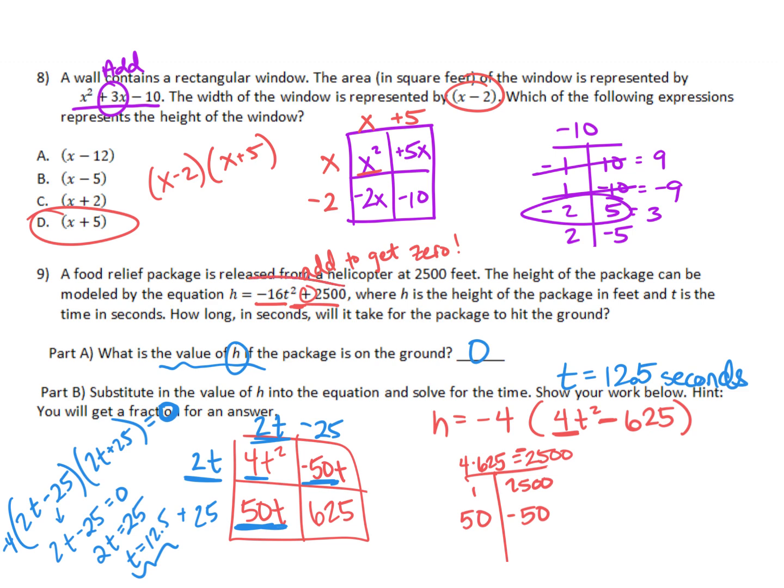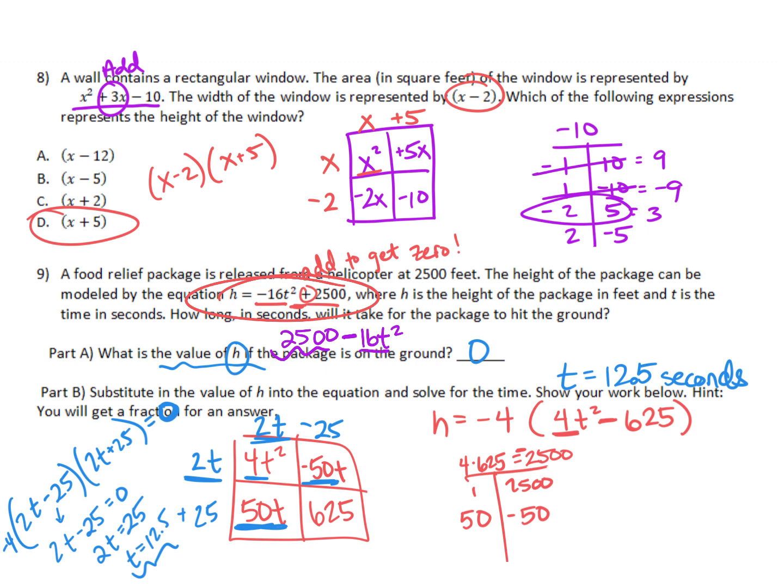This one. I could have used that same trick here. What I would have done first, though, is rearranged it to be 2,500 minus 16t squared. So then I have a perfect square minus a perfect square.